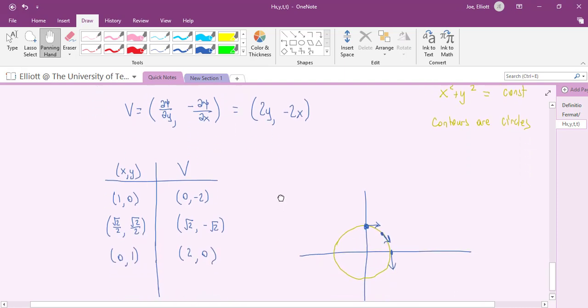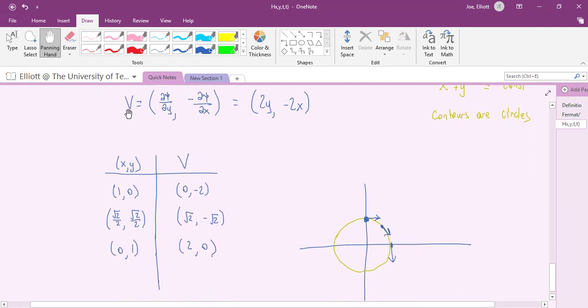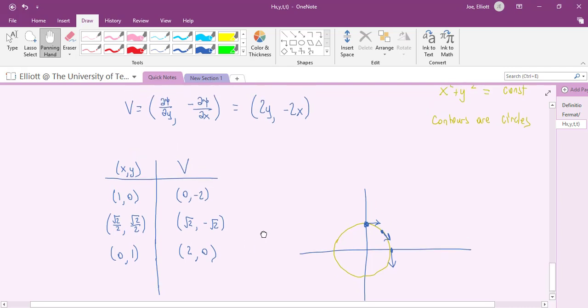So first, if you just start trying to sketch this vector field v, remember the way that you can sketch a vector field is you take some points and plug them into your vector field v. Here I just took 3 points to start with. The point 1, 0: plug in 1 for x and 0 for y into v, and you'll get 0, negative 2.